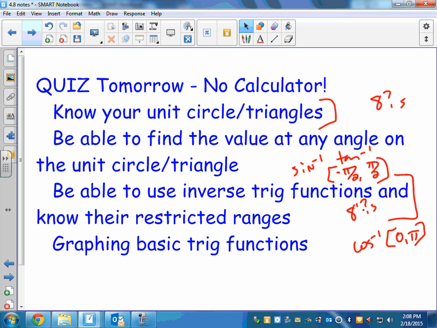If you're behind on homework, all of your Chapter 4 homework will be due next week. So that gives you stuff to work on. So 4-8 homework tonight still, but I just want you to know that we're going to have a little quiz tomorrow. It's one-sided only, so study your unit circle. Practice it.